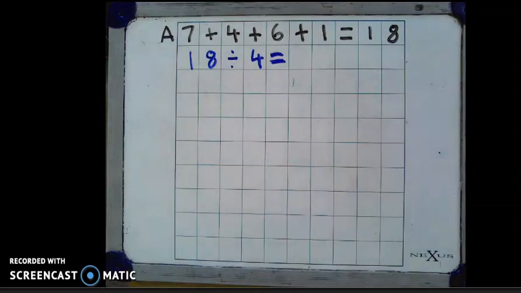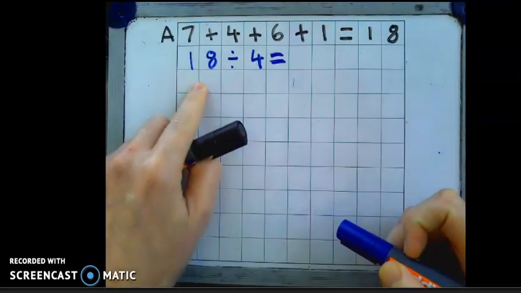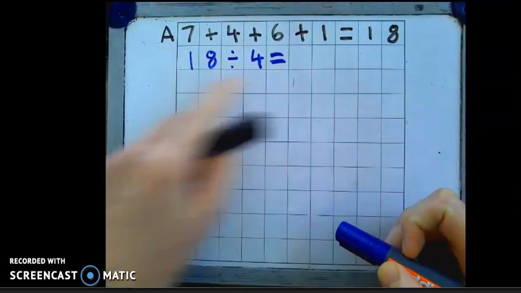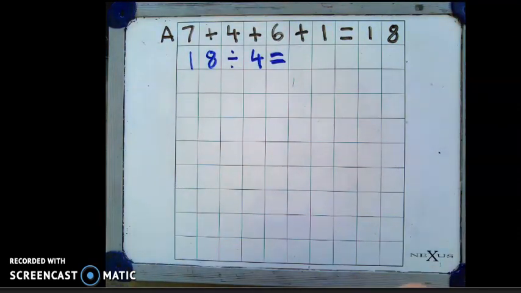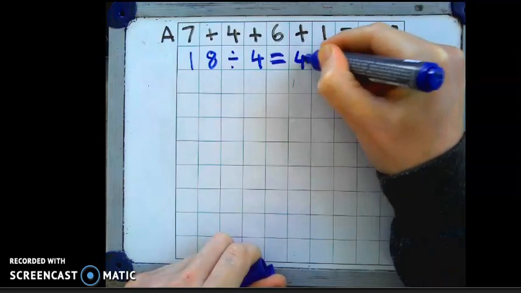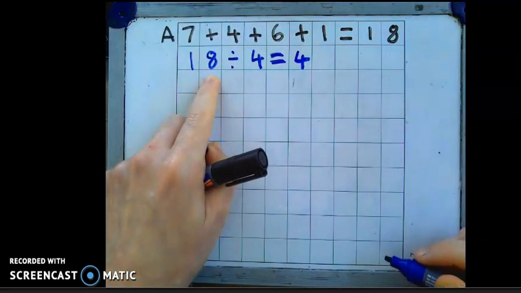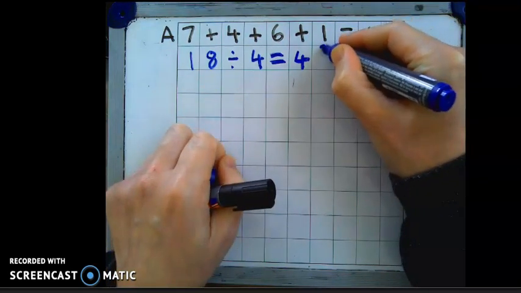We're going to have a remainder. But that doesn't matter, because what we can do is we can say how many times 4 goes into 18. Well, 4 times 4 is 16. So that means 18 divided by 4 is 4. But because that's 16, and this is 18, we have 2 left over. So 2 would be the remainder.